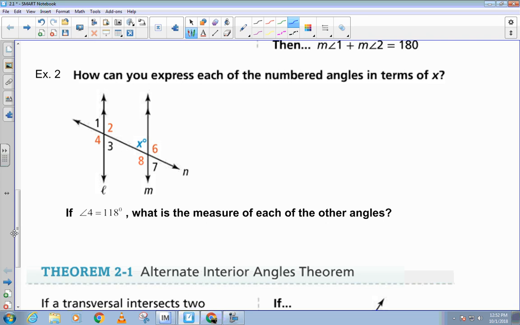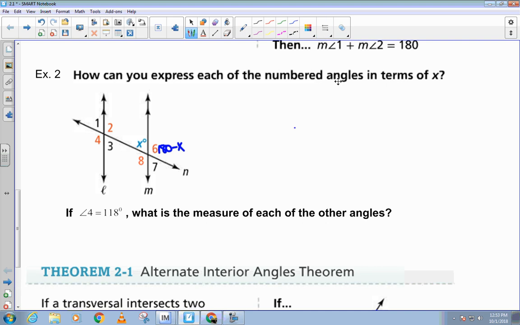I'm naming it in terms of x. So if this angle here is x, how would you represent 6 in terms of x? 180 minus x. Okay, 180 minus x.